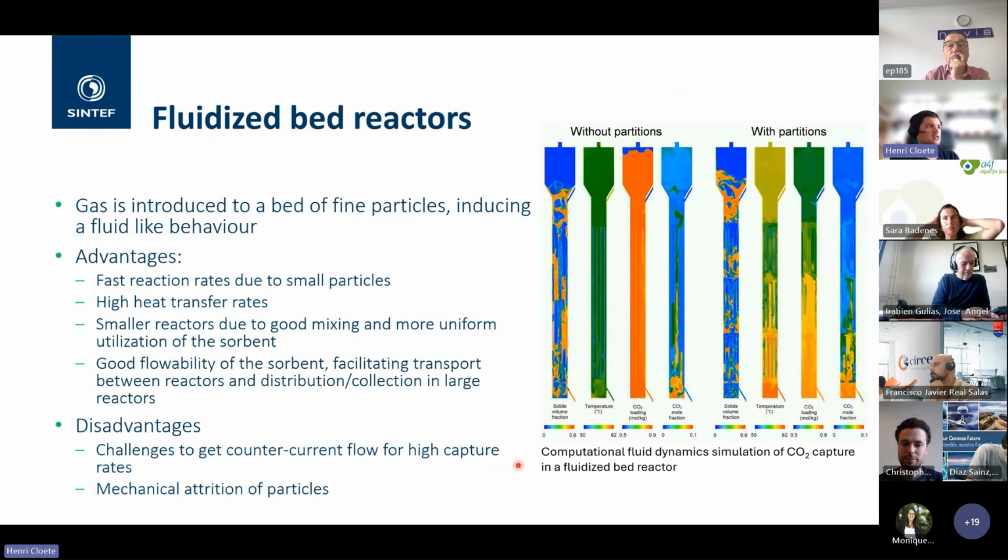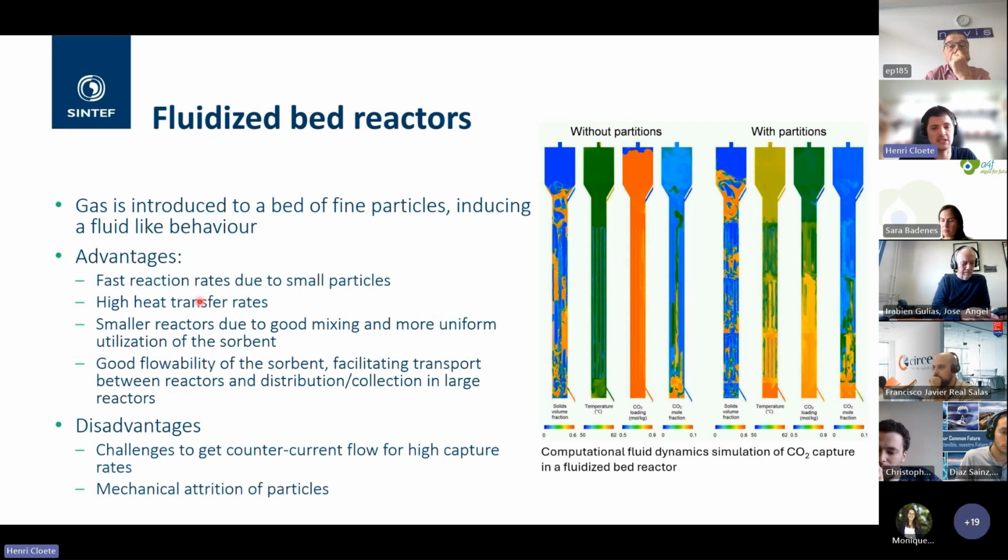Okay, and then the last part that I have, and that's what we've mostly been working on, are fluidized bed reactors. In fluidized bed reactors, gas is introduced into a fine bed of particles, introducing a fluid-like behavior. Some of the advantages are that because you use smaller particles, you have faster reaction rates than for packed beds.